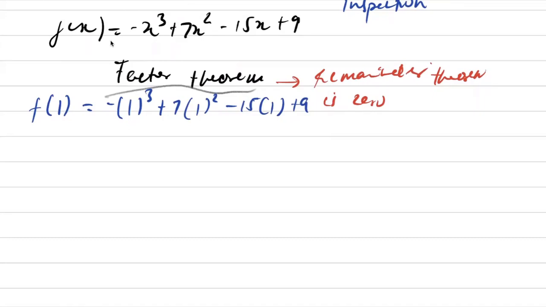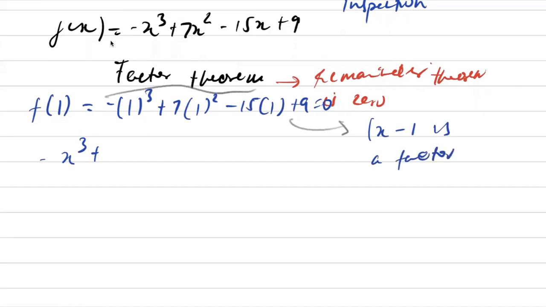We get a 0, so x minus 1 is a factor. Yes, x minus 1 is right.